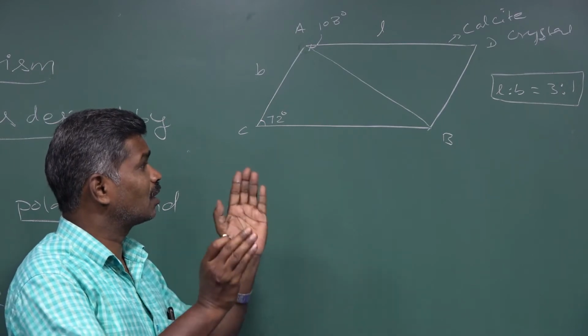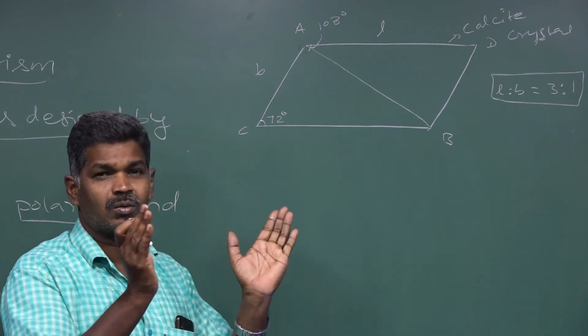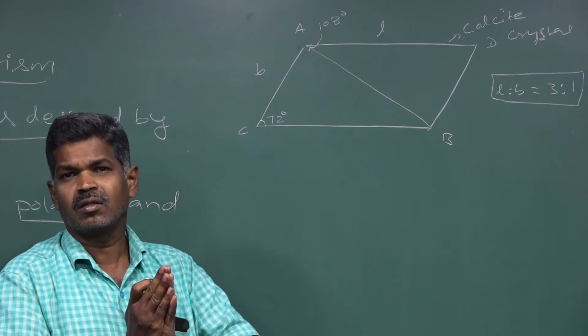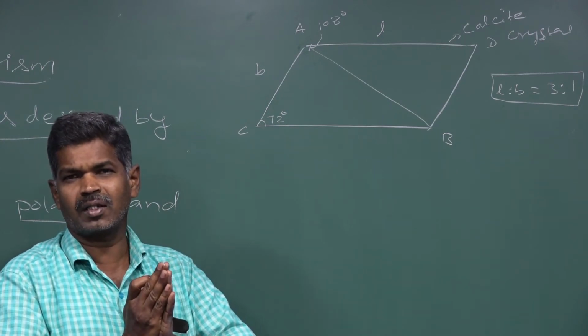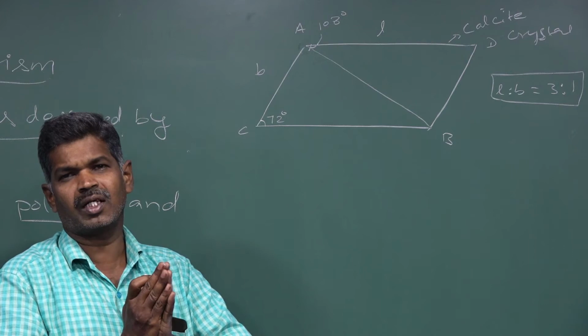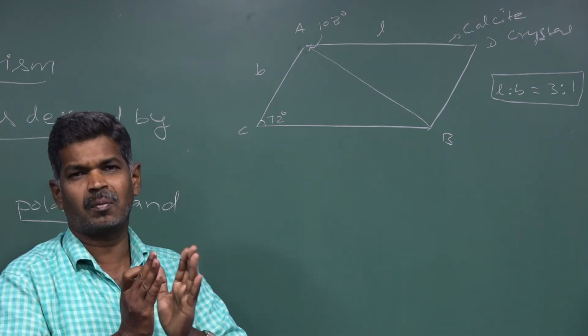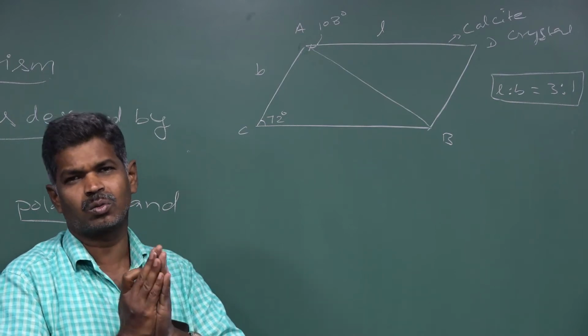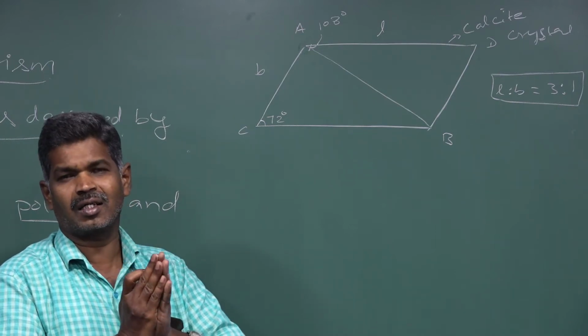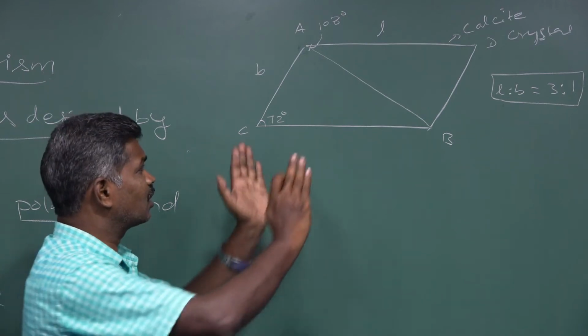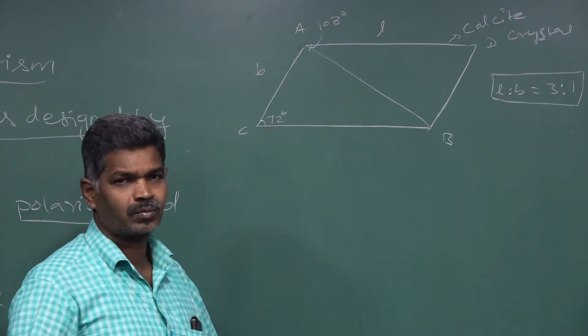But the cut parts are once again combined with a paste called Canada balsam cement. Canada balsam cement acts as a paste to attach the divided parts.